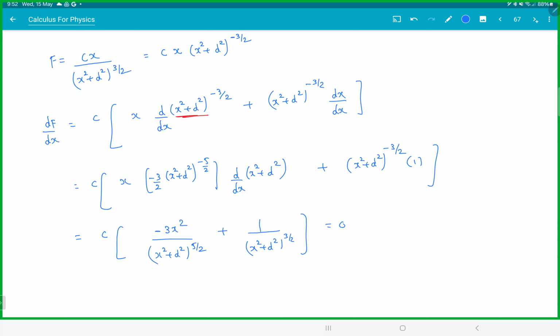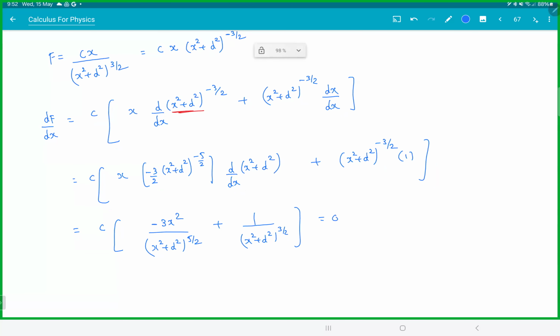Now you're saying equate to 0. So if you equate this to 0, you end up with 3x square by (x square plus d square) whole power 5/2 equal to 1 by (x square plus d square) whole power 3/2. So 5/2 minus 3/2 is square only.